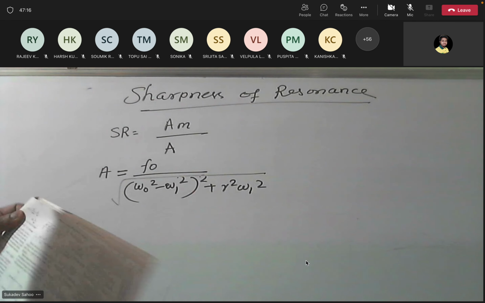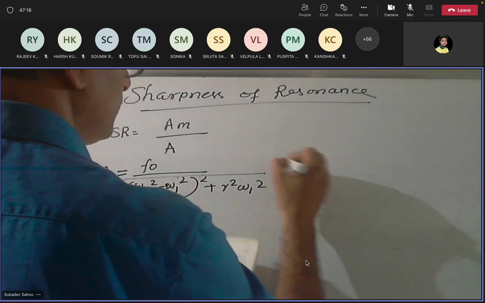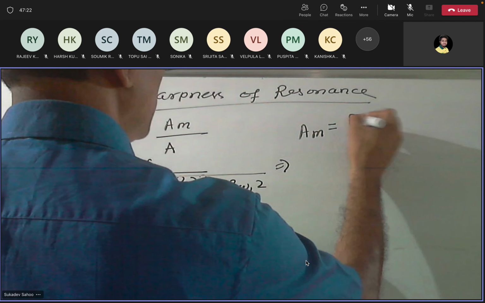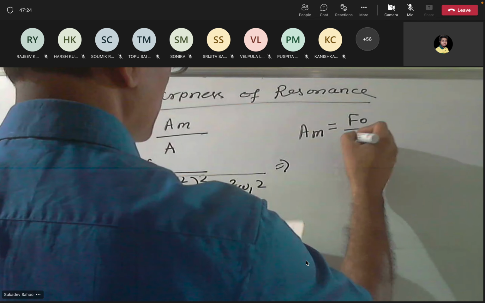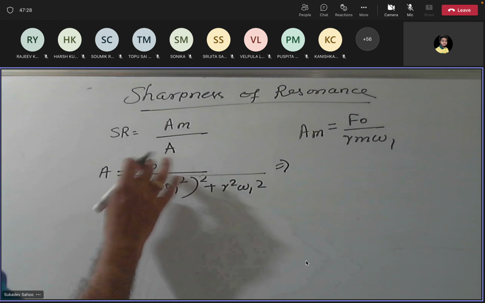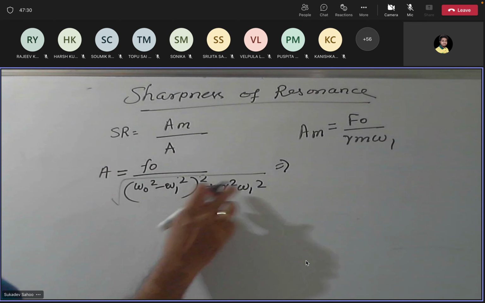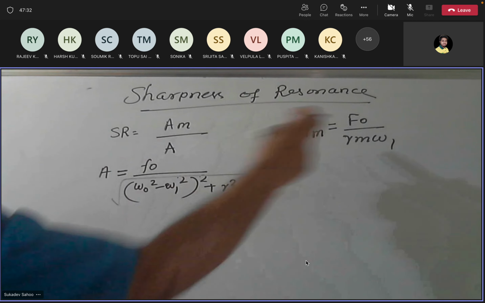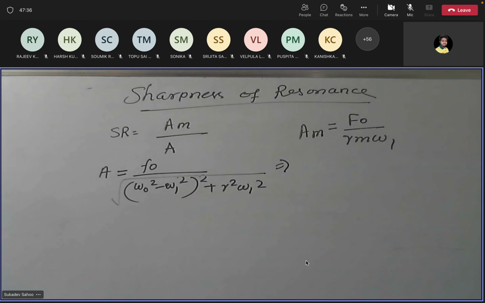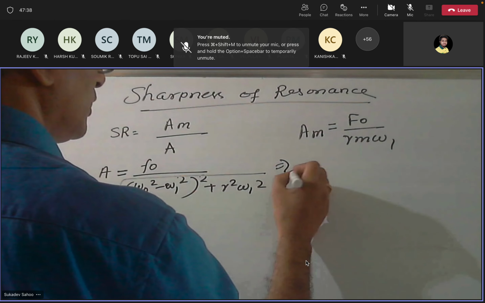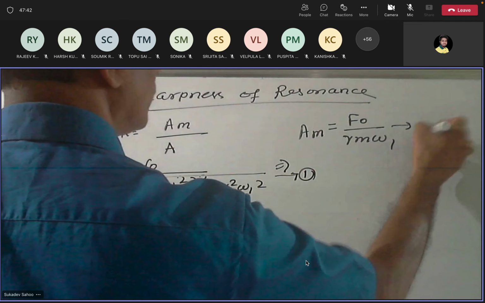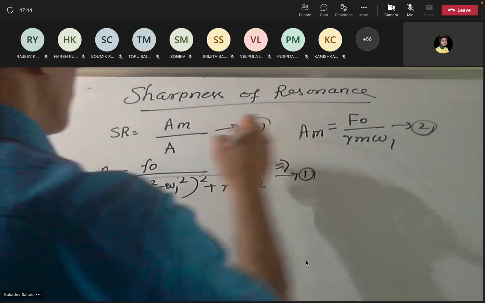From this we can write, or already we have derived, A_m equals F0 divided by gamma m omega1. When omega1 equals omega0, we will get f0 divided by gamma omega1, where small f0 equals capital F0 by m. Suppose this is expression 1, 2, 3.